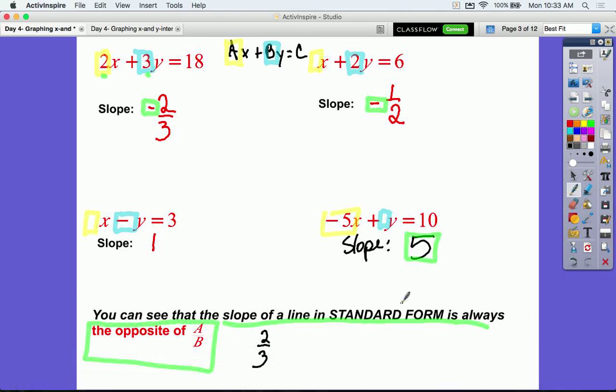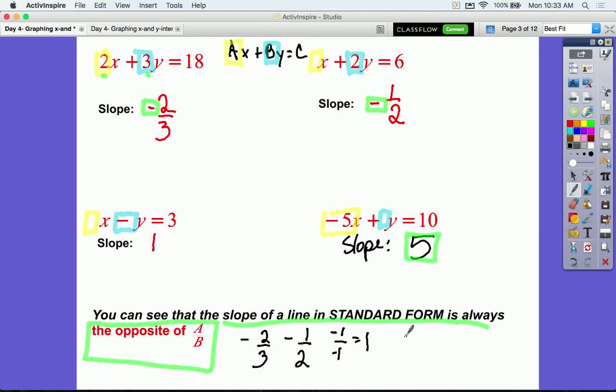It's not 2/3, it's the opposite of 2 over 3. In the second example, if I simply put a over b, the slope would be 1/2. Now it's the opposite. In the third example, I would have a 1 over a negative 1. It's going to be the opposite of 1 over negative 1, and that's where we get our slope of 1.